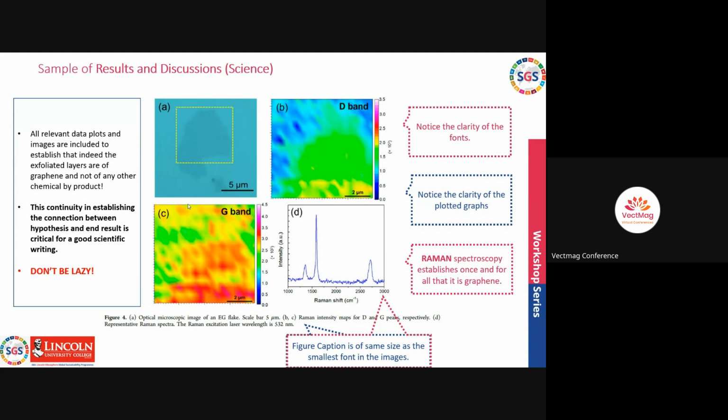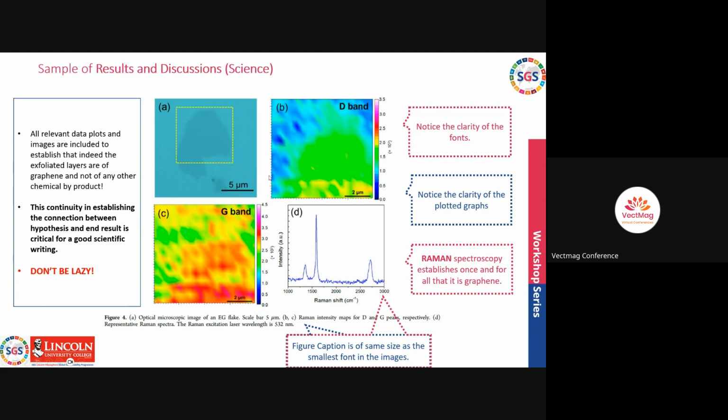You have to take special care that the font inside the figure has absolute clarity, because I've received some submissions where the figures are not clear. So I want to set the tone right for how the figures should be.